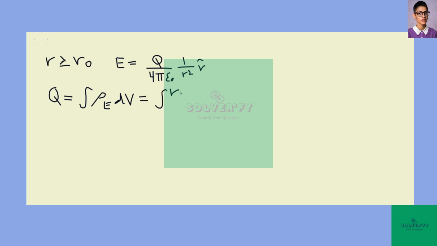Which will come out to be, we're going to be integrating mainly in r from 0 to r naught of kr squared. The integral in both other directions, in the theta and phi directions, will just yield 4 pi r squared dr. This is actually 3 integrals in spherical coordinates, but 2 of them are trivial.